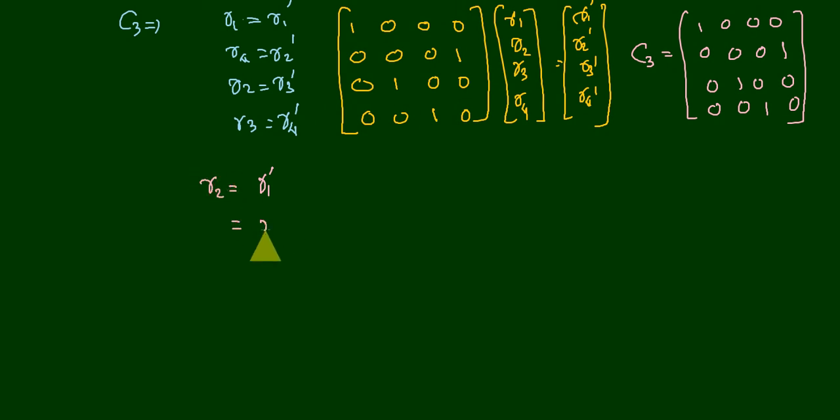R2 dash is equal to R1, because R1 and R2 are exchanging positions. So R1 is equal to R2 dash. R3 dash is equal to R4, and R4 dash is equal to R3, because R3 and R4 are exchanging positions.